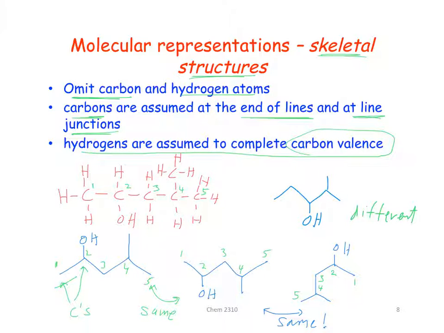Because again, if I start numbering over here to the left, 1, 2, 3, 4, 5, notice that this OH is now at 3 rather than 2. So what's the difference here? What would we call these? These are all the same, and this one is different, and these are called constitutional isomers.